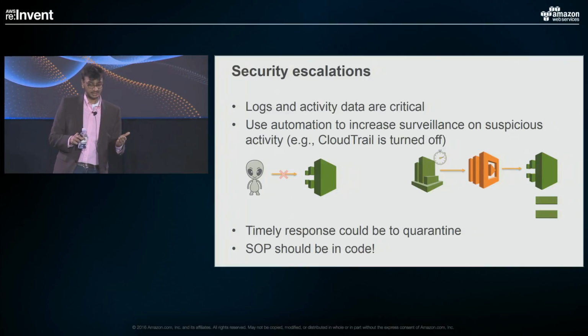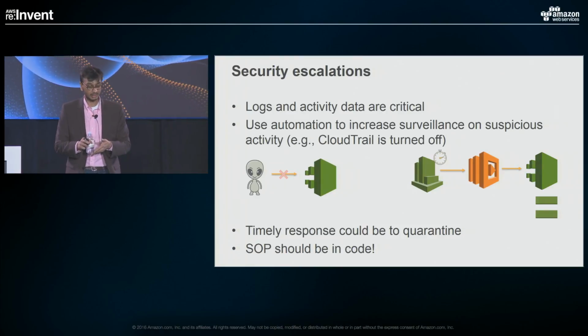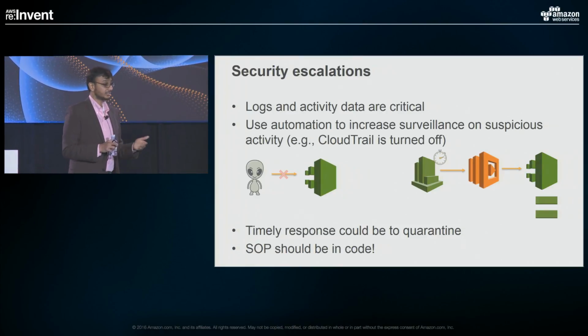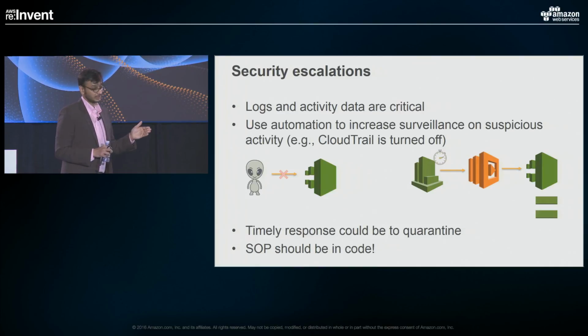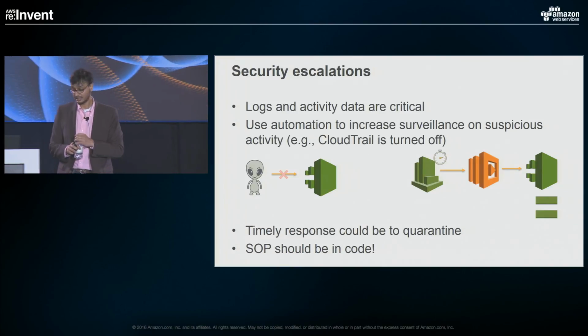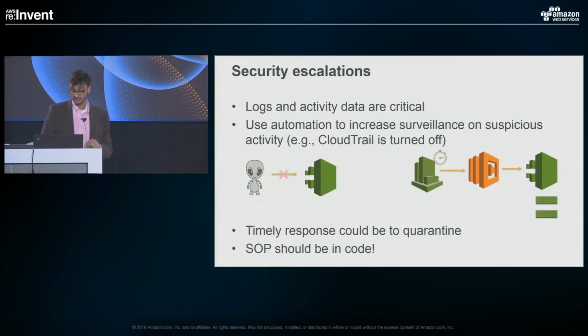So dealing with escalation is really simple if you turn on logging. It's as simple as that. It could be VPC flow logs, it could be CloudTrail, it could be various other CloudWatch logs that you can enable for your applications. In order for you to have a timely response, you have to have data to support it, and that's enabled through some of these services I mentioned.